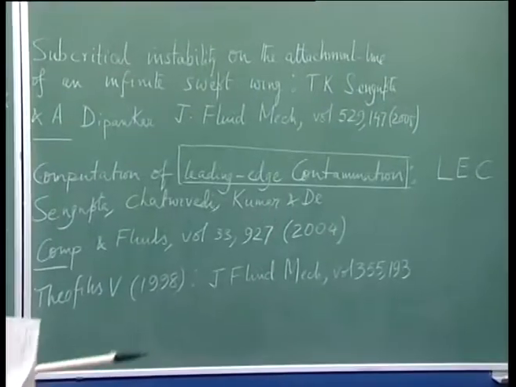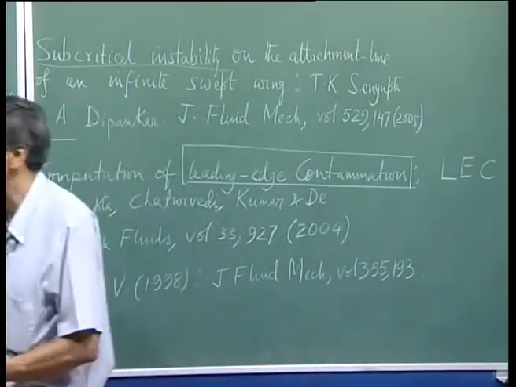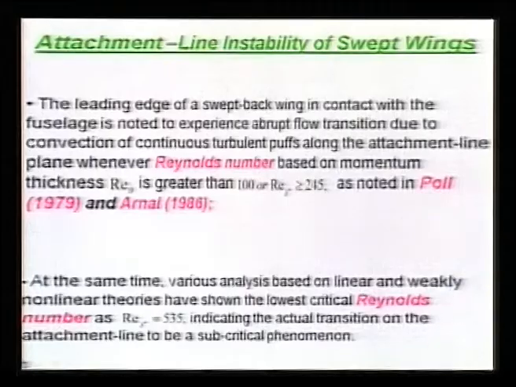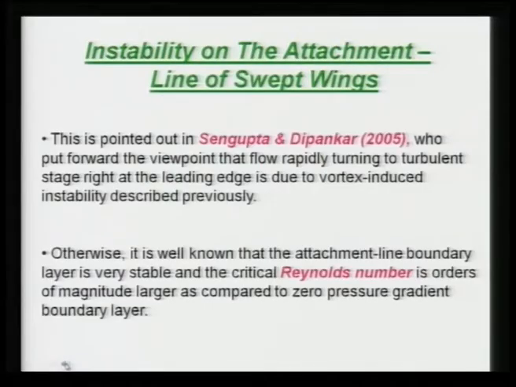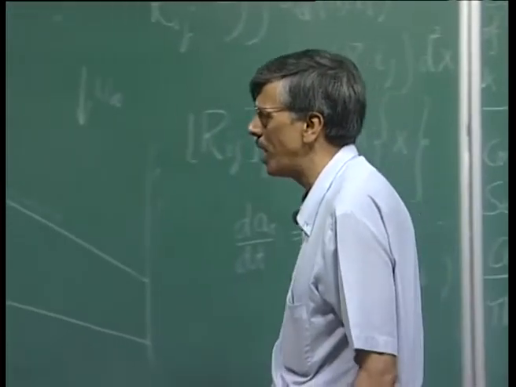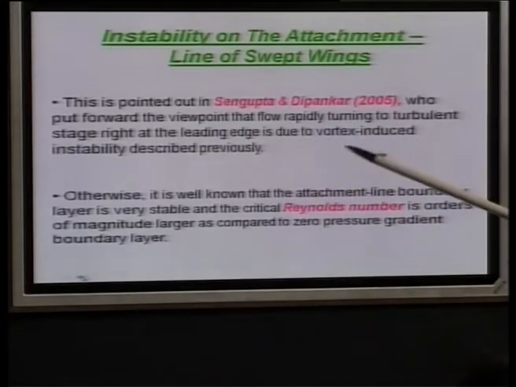Of course, we are once again looking at subcritical instability, right? Because experimental observation is 245, theoretical calculation says 583. So, it has to be a subcritical excitation. Now, this is what we talked about in this JFM paper, that the flow that rapidly turns turbulent right at the leading edge might be due to a vortex induced instability that we have already described, right?